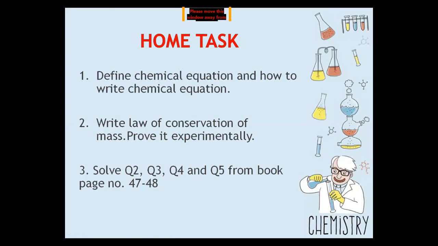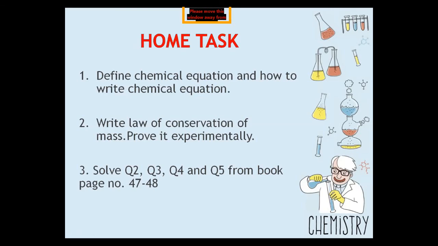A chemical equation tells us how to write the reaction in symbols. And a balanced chemical equation gives the information that the number of atoms on both sides of the equation, in the reactants and in the products, should be equal.